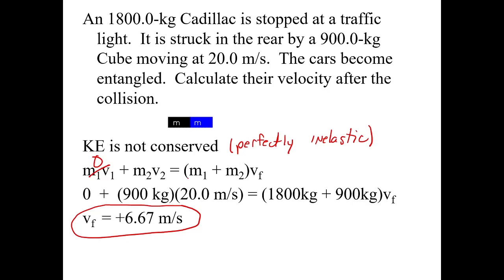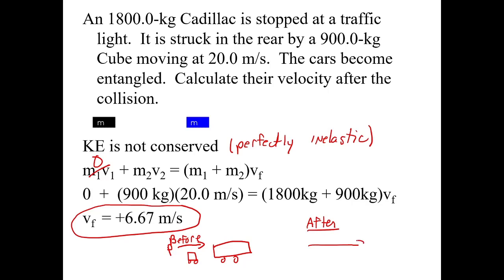And I think it's important to remember this too, that before, here's the little car, and there's the big car. Before, the momentum is in the positive direction. So after the collision, or final, the momentum still has to be in the positive direction. They won't be going as fast because the Cadillac is heavier and now the overall mass is heavier, but the momentum has to be forward.